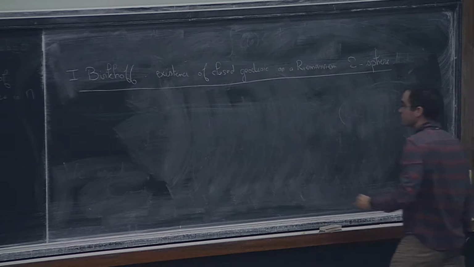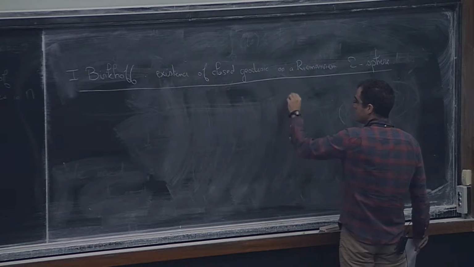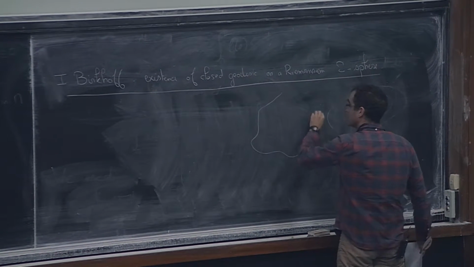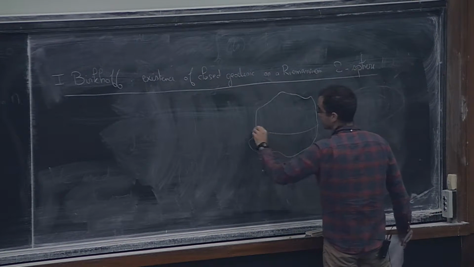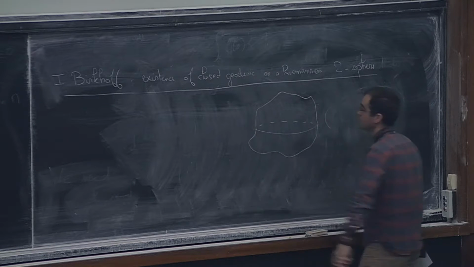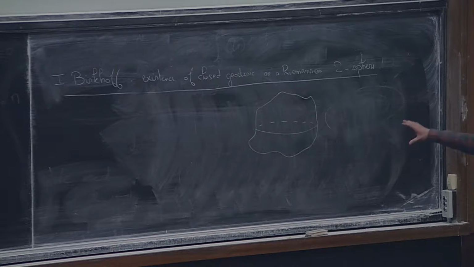So the question was, you look at a two-sphere with some Riemannian metric, like this, and you want to construct a closed geodesic on it.